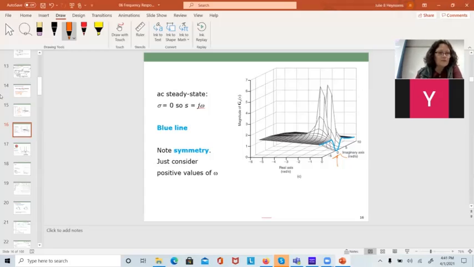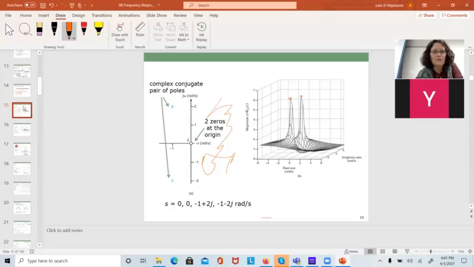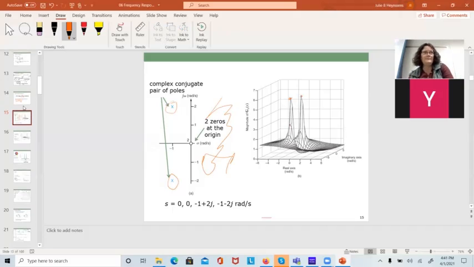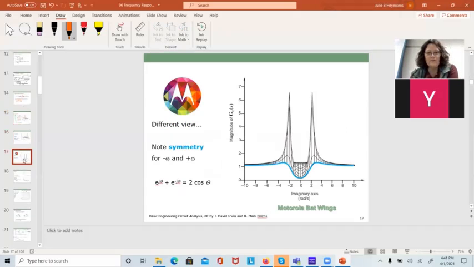So we go back to this plot right here. These complex conjugate pairs have both a real and imaginary part. This is -1, so it's a decaying exponent. It's a sinusoid that's decaying exponentially in the time domain. And then we have something that looks like the bat wings.